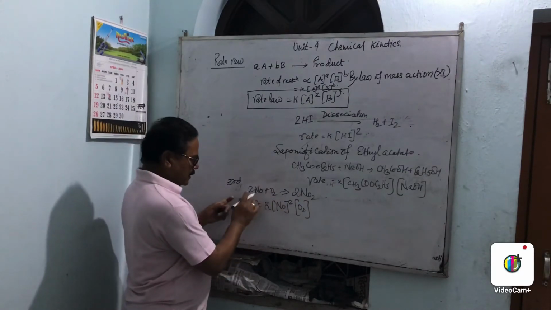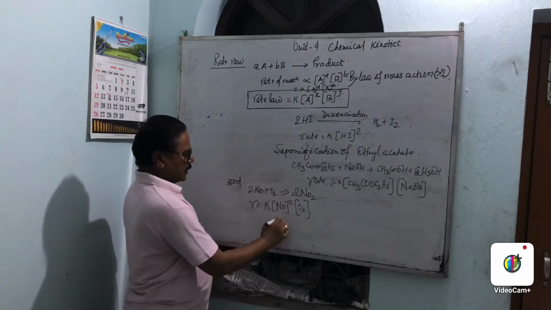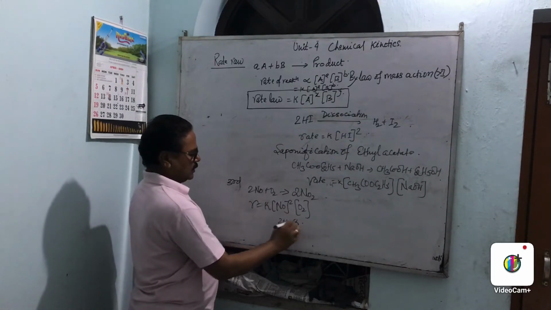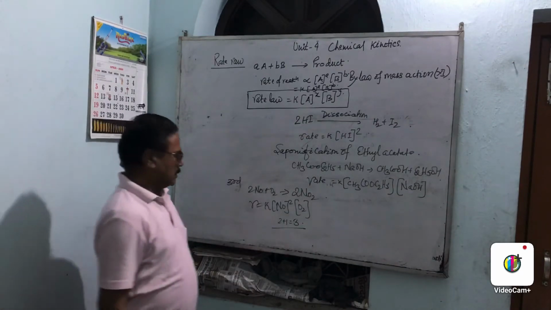We don't decide it on the basis of the equation, because it is experimentally determined. So there is 2 and there is 1. Overall order is 3. This is an example of a third order reaction.